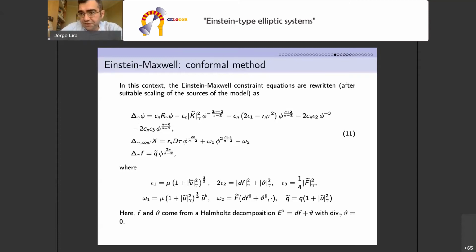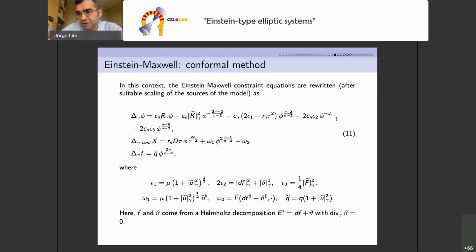All of these coefficients depend on these physical properties of this fluid. So you have the density of mass, the density of charge, the speed of the particles in this fluid, etc. So there is no way to erase these contributions unless you are assuming that you are back to the vacuum case.